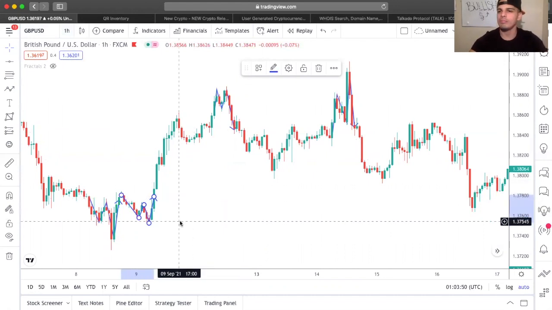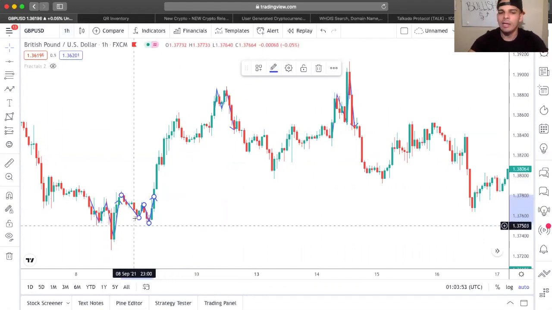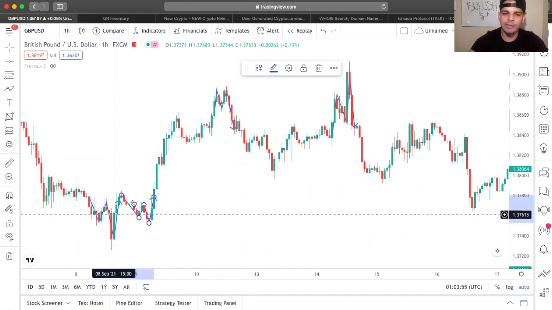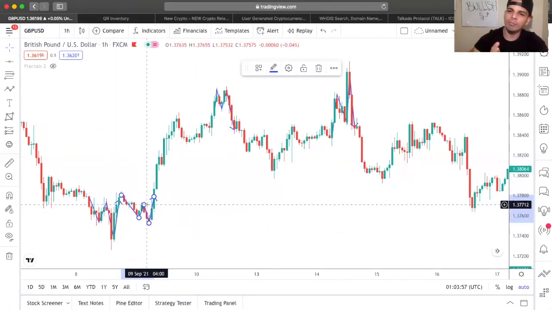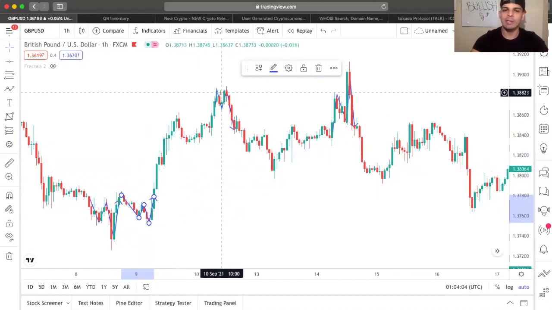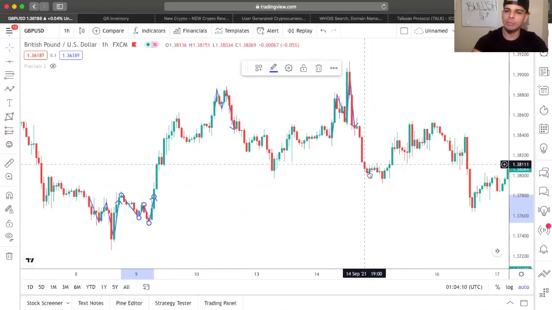Now, they're very, very simple patterns too. A W pattern is an indication for a potential bullish move, right? Potential upside move. And an M is an indication of a potential move to the downside, a potential bearish move, right?